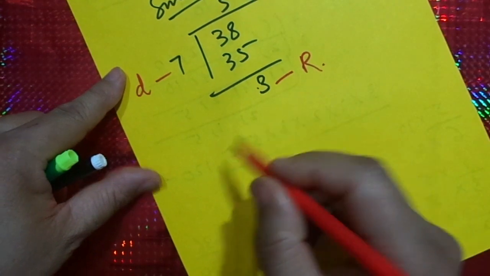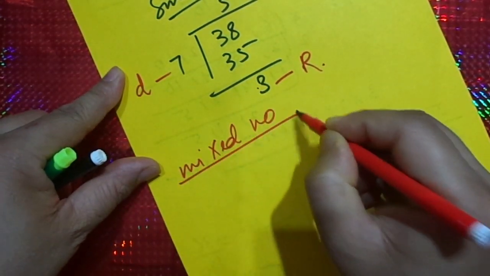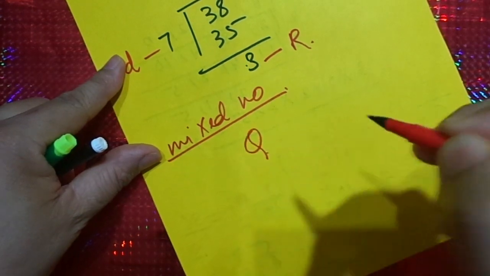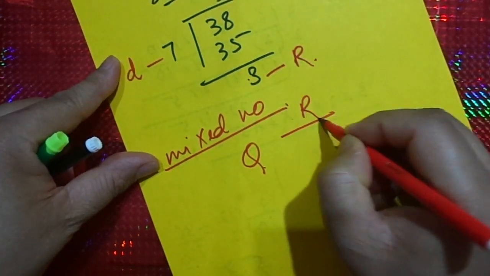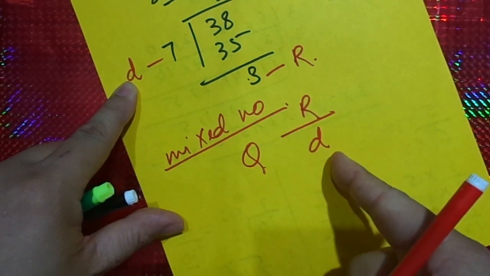So the format in writing a mixed number should be quotient, remainder by divisor.